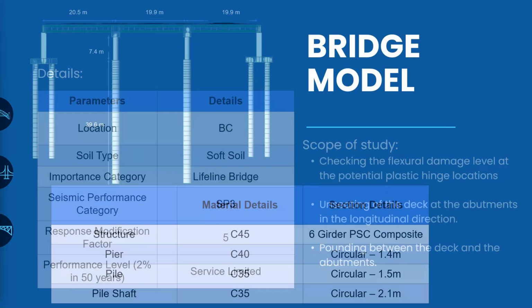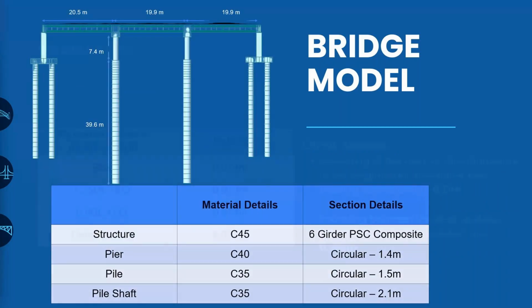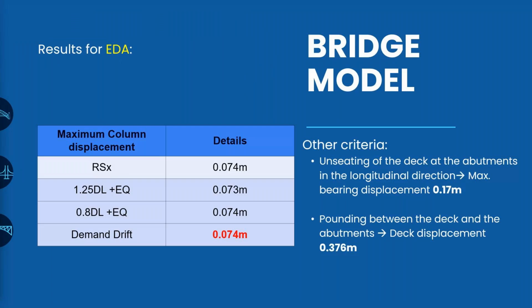So for this particular structure, the results that we got for the response spectrum analysis are something like this. We got a demand drift in this case as 0.074 meter. This is actually the deformation, or the relative displacement, that we got in case of the columns.